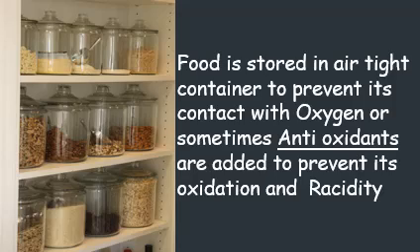And once oxygen contact is prevented, the food does not get rancid because it does not undergo an oxidation reaction. Sometimes substances like antioxidants are also added. These antioxidants are added into food items to prevent oxidation and rancidity. So this is another way of preventing rancidity of food items.